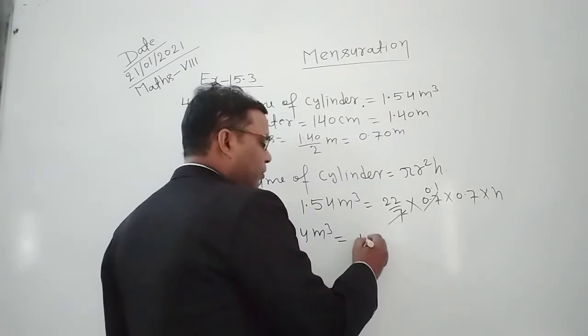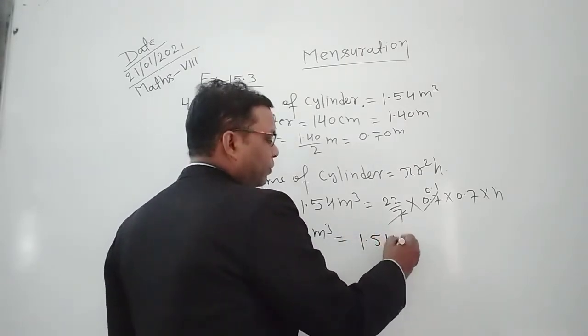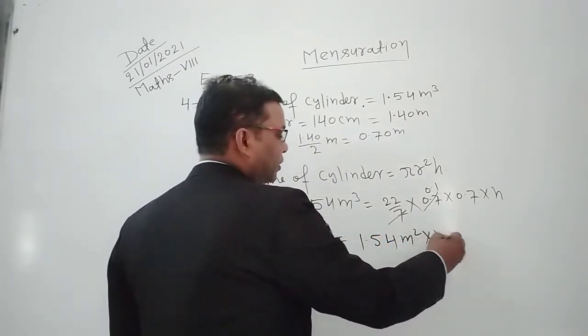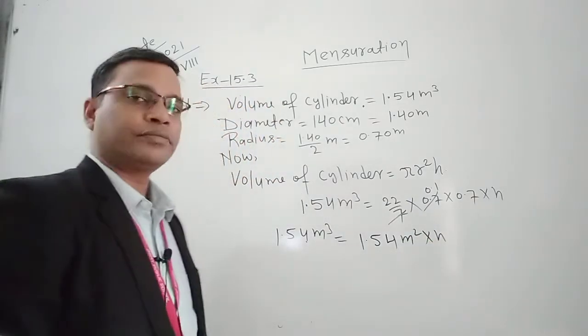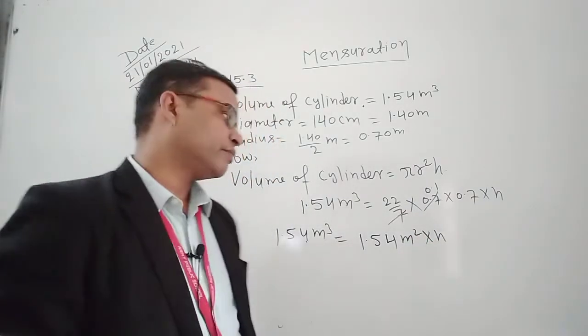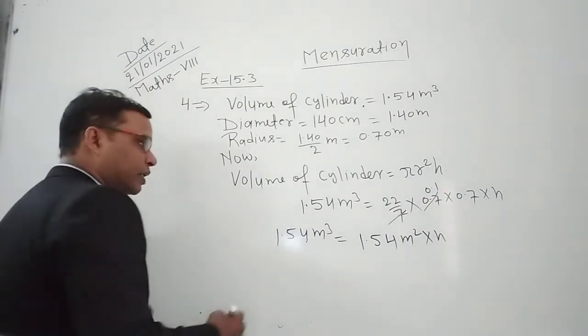This is equal to 1.54 meter square into h. Here we need to find the value of h. H is the height of cylinder.